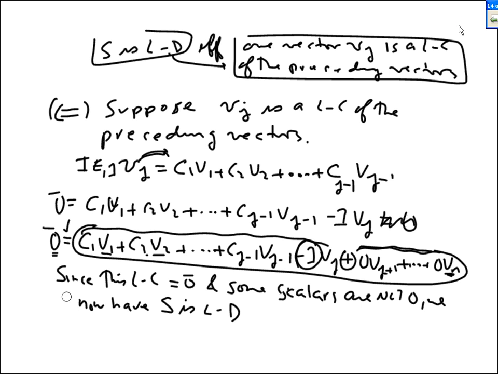If you can find a linear combination of the vectors in a set that equals 0, where some of the coefficients are not 0, that set is linearly dependent.